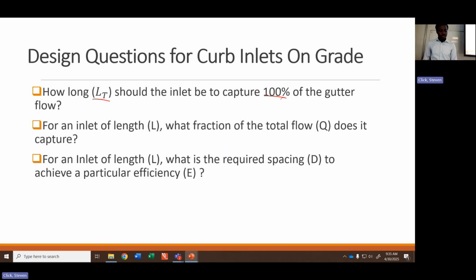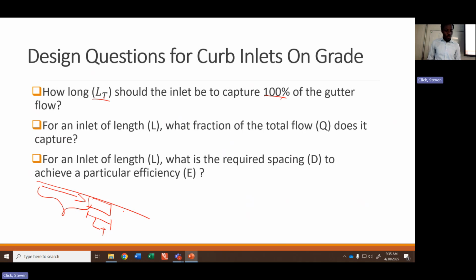So assuming you have an inlet along the roadway like this, you want to know how wide your inlet should be to intercept all of this water coming in. That's the first question we want to know. That means that the bypass flow will be 0. It means that for where it's positioned, all the water coming in enters the curb inlets.